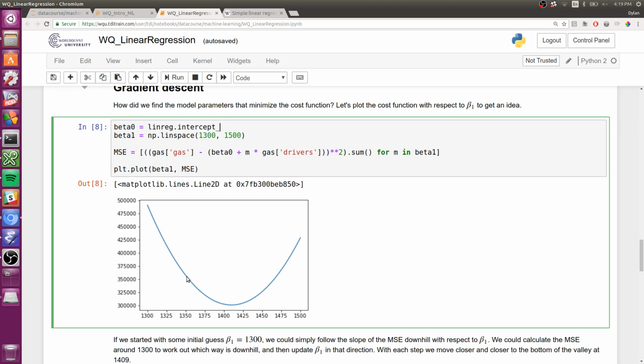Well, if I could take the slope of the mean squared error as I vary beta 1, I would just want to go downhill. So I could follow the slope downhill until the slope hits 0, at which point I know I'm at the bottom of this valley.